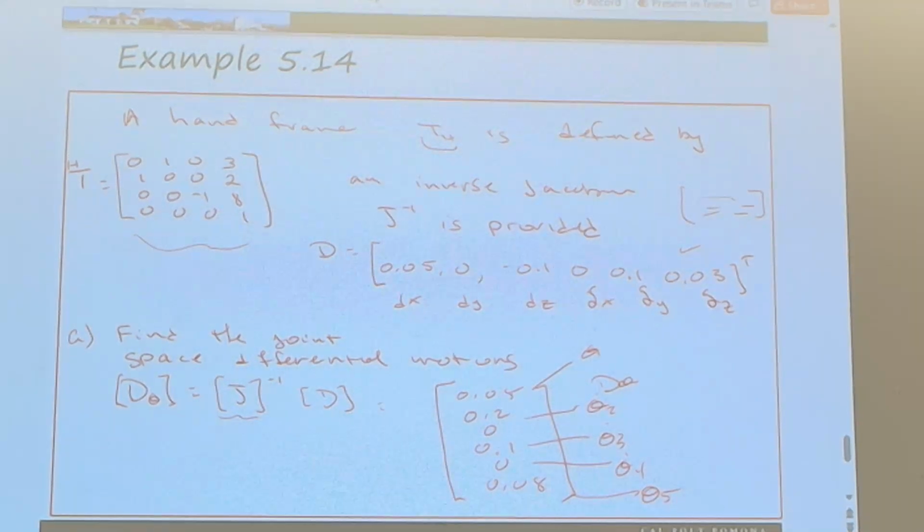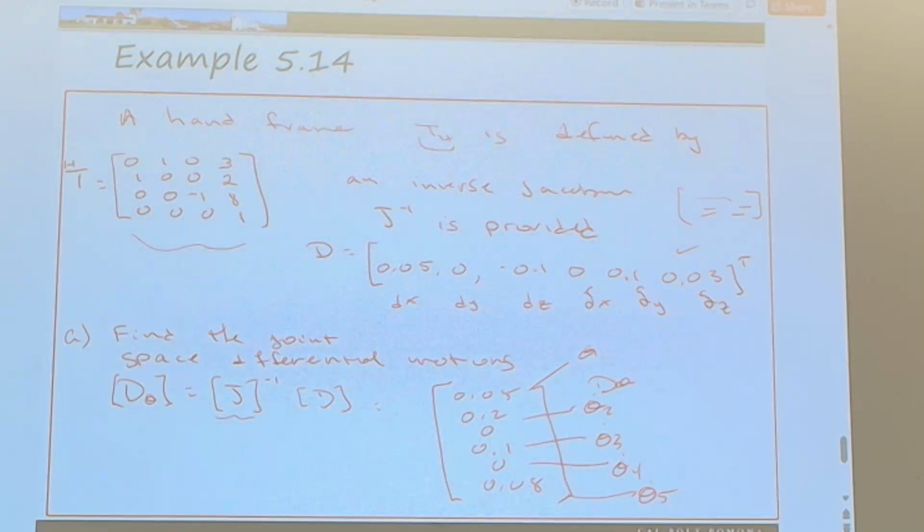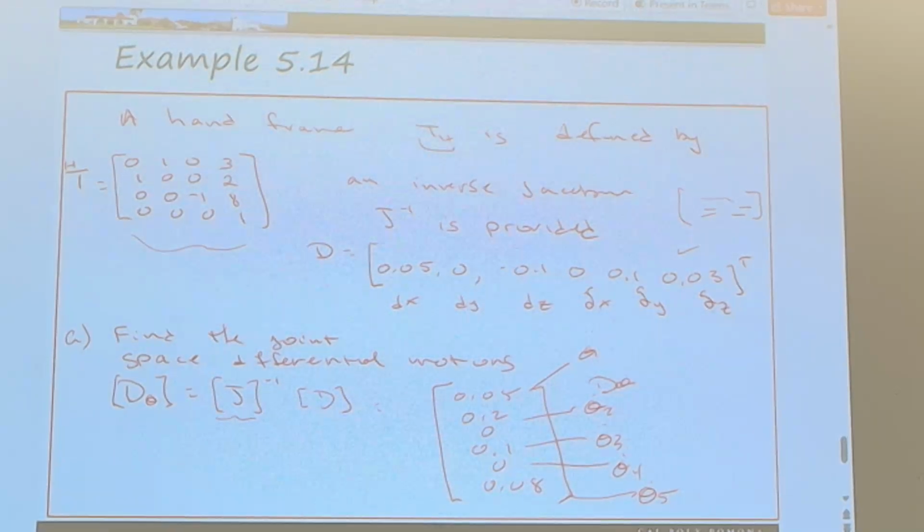So the first question is, what are my thetas given my J inverse and given my D? So now we know how fast our motors are turning. Are these theta dot or only theta? These are theta dot, there's a little dot.